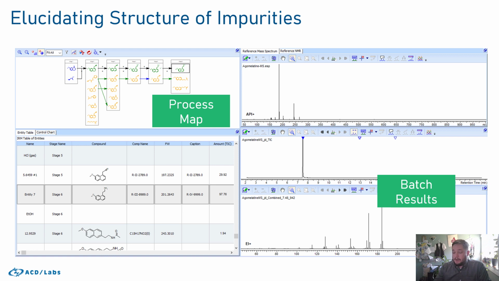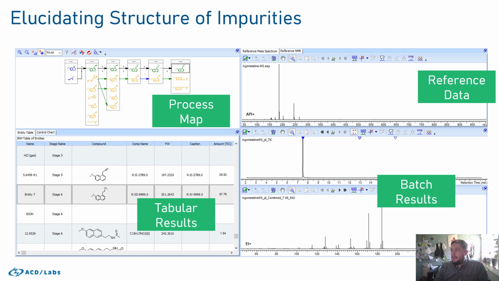The data is also available in tabular format, so you can see it in a numerical setting, in some ways similar to what you would expect in that Excel sheet. And then you also have reference data as well, so if you're doing comparisons between this stage and that stage, or this run and the previous run, you can make sure that your results are looking like what you would expect.